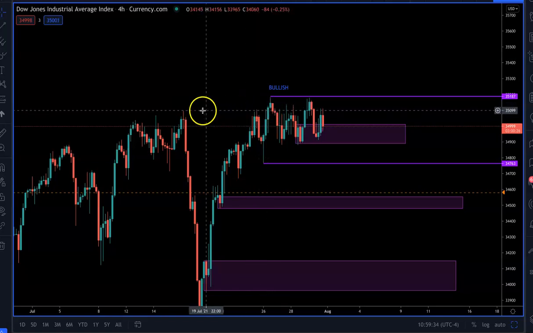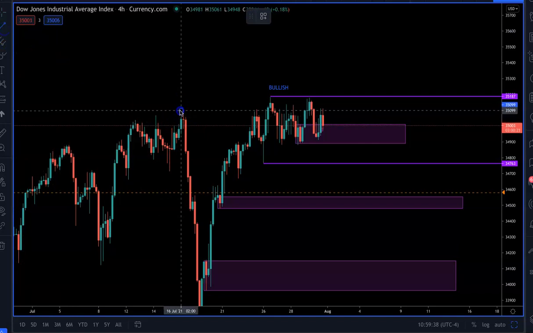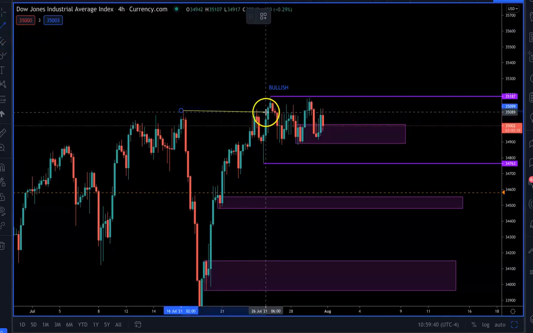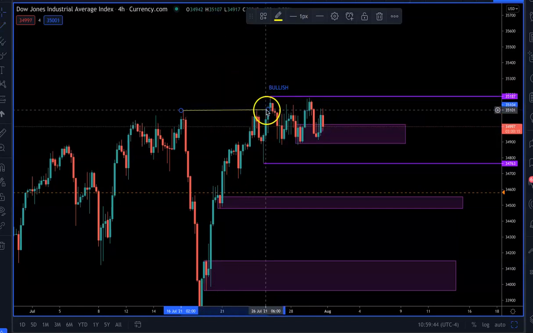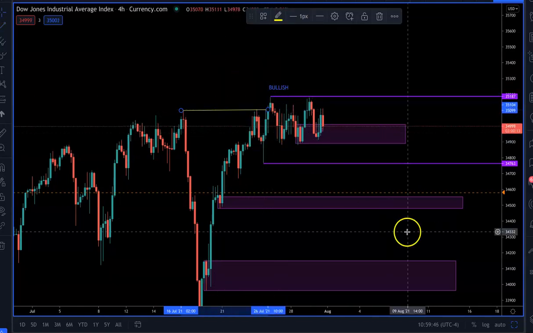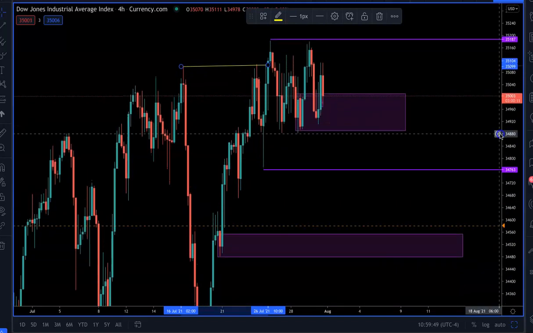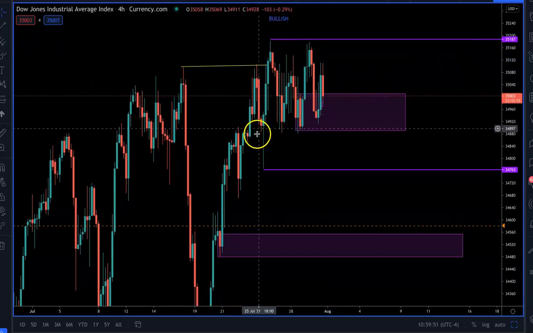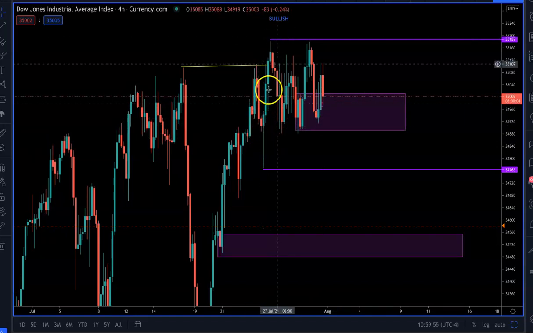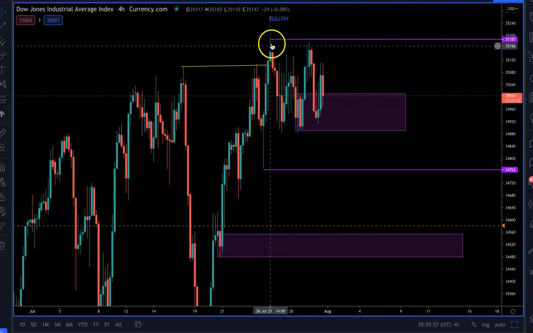It broke the high right here. Here's the high. And it broke the high right here with this momentum up here. So what I did was, this is the bearish candle before the impulse move up.